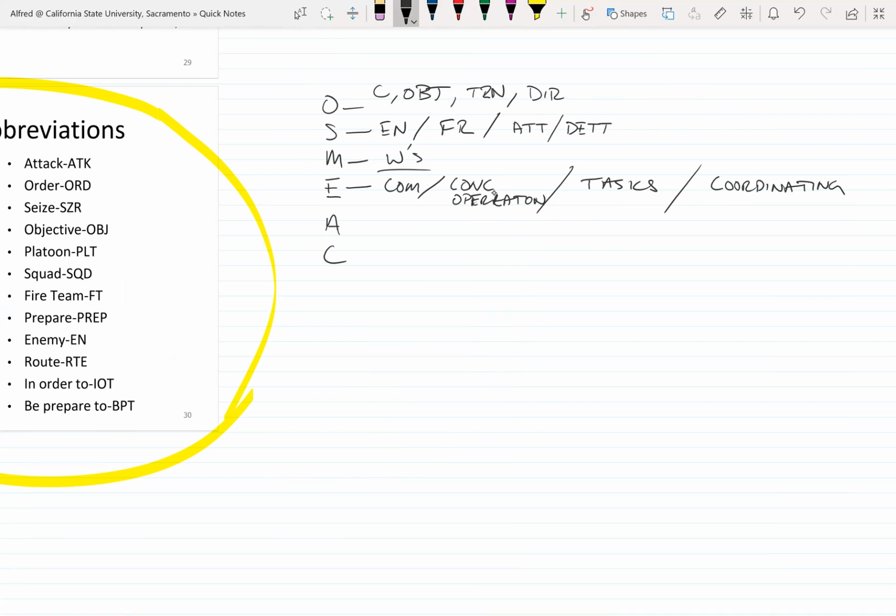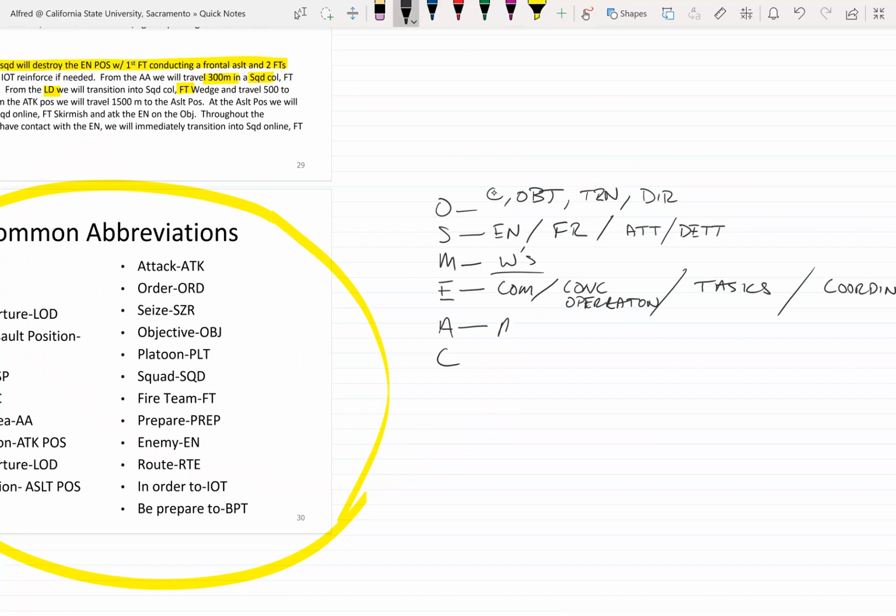This one is, what is this one again? Admin and logistics. That's beans, bullets, bad guys. You could just write 4 B's. And then command and signal, which I like to put as key, and then I put succession.